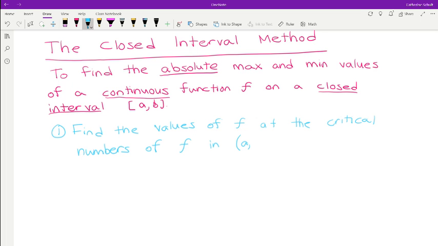All right, and in the open interval AB. Okay, and then we saw critical numbers is not enough. We also have to check the endpoints. So let's find the values of f at the endpoints, A and B.